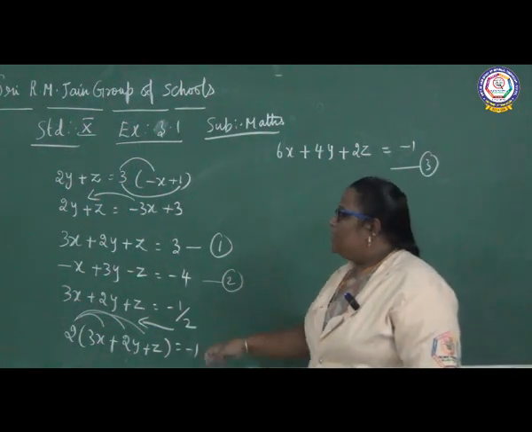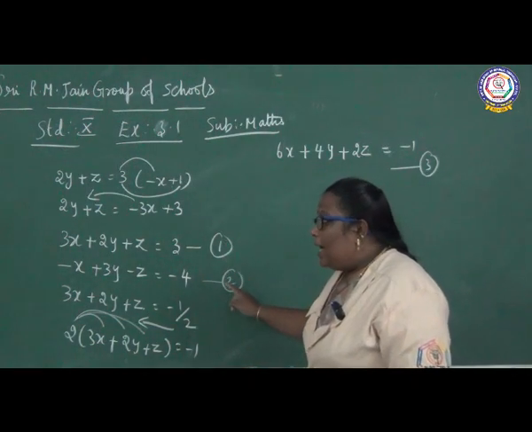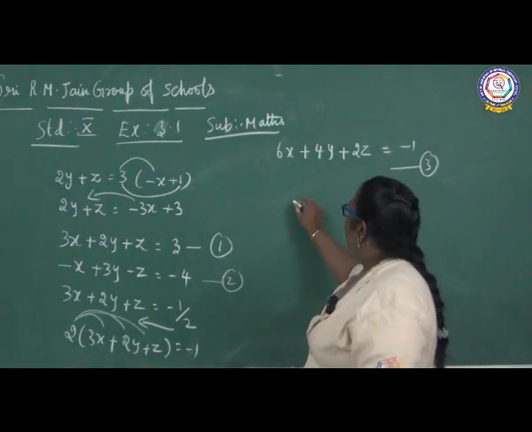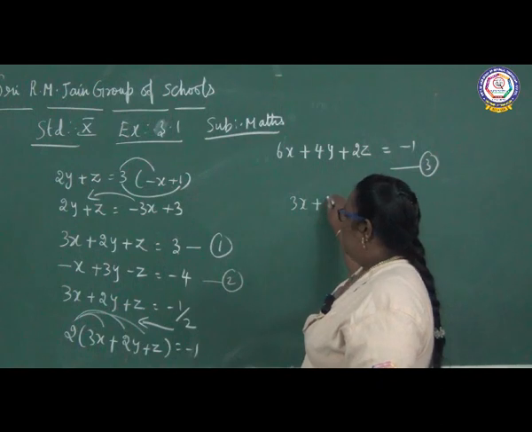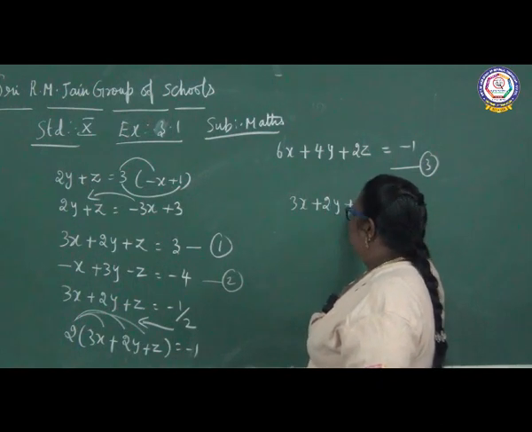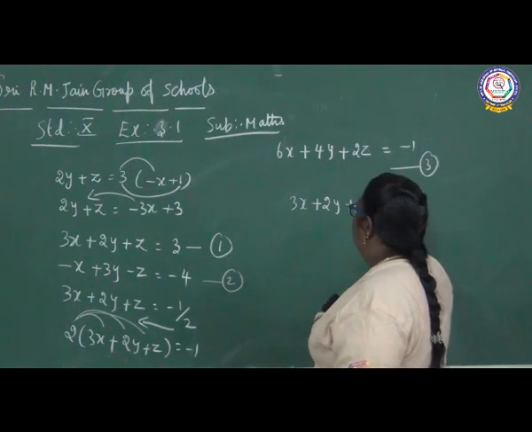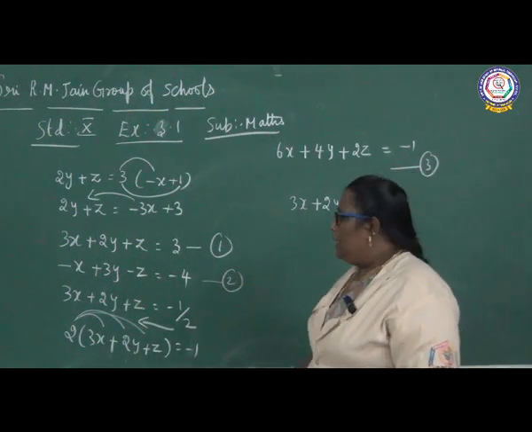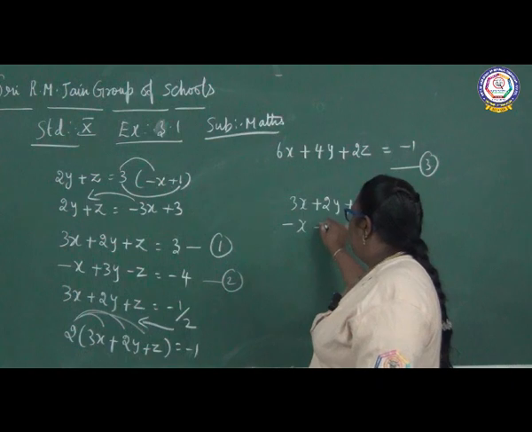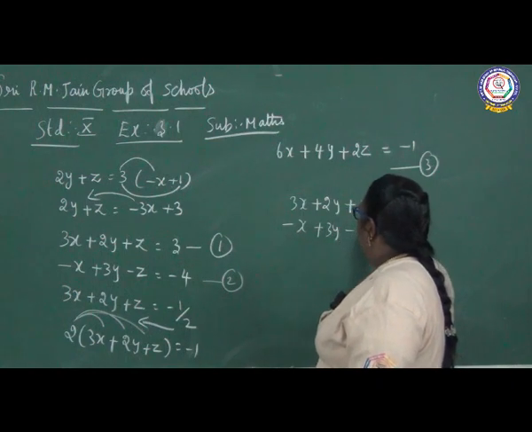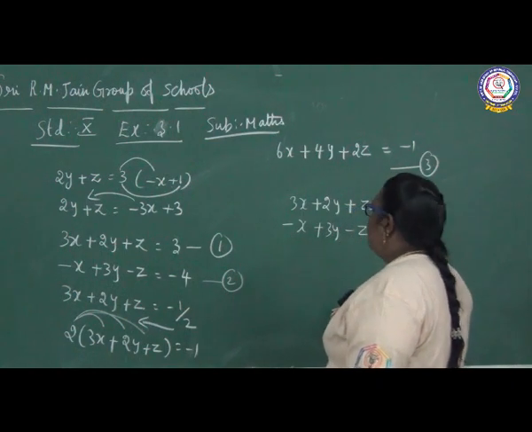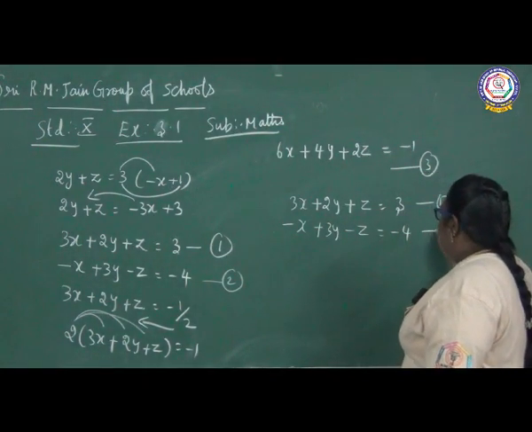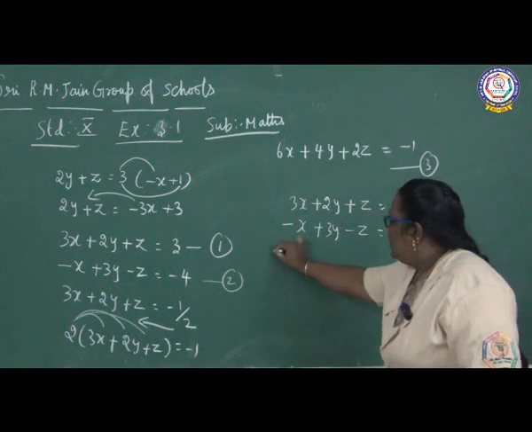See here, first I will solve 1 and 2. 3x plus 2y plus z equal to 3, and minus x plus 3y minus z equal to minus 4. This is the first equation and this is the second equation.